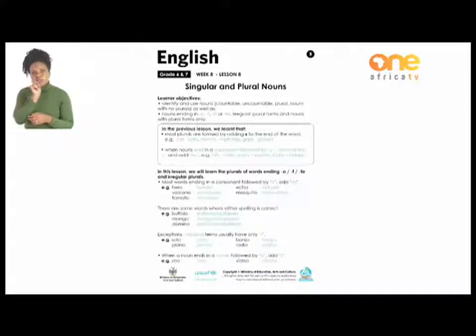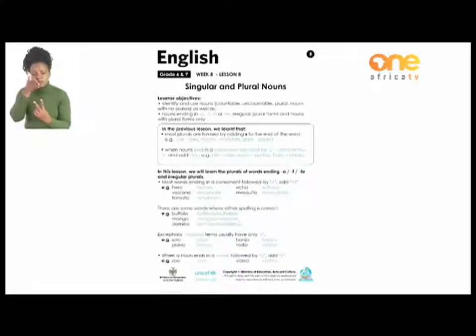In the previous lesson, we learned that most plurals are formed by adding S to the end of the word. For example, car, cars, match, matches, glass, glasses. We have also learned that for nouns ending in a consonant followed by Y, we remove the Y and add IES.